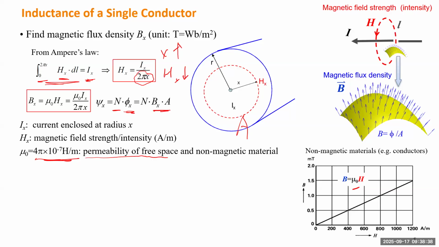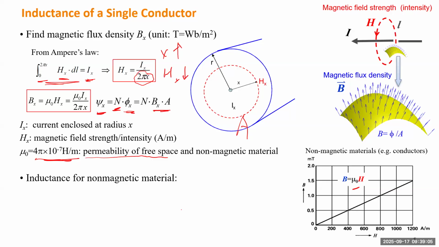So here, if there are many turns of such wire carrying the same current, coupled with this magnetic field, that number of turns is N. We count how many turns, multiplied by phi, and that will be called the flux linkage. The more turns, the bigger the linkage using the same flux.